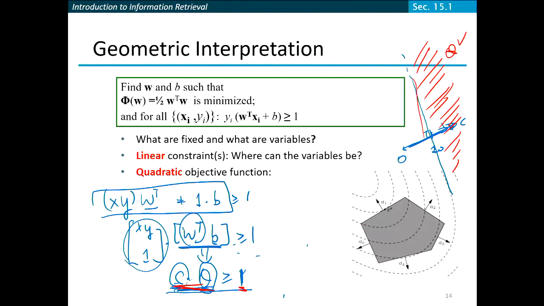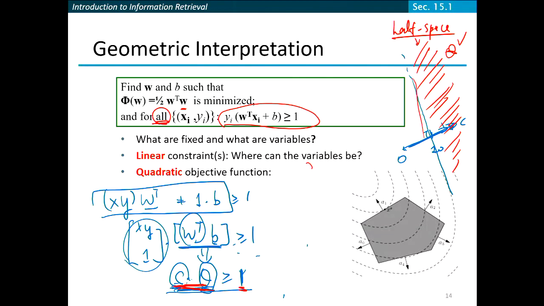This is just to give you some geometric interpretation: each constraint essentially cuts off a linear half space. The feasible W, and essentially the new variable theta as well, should stay on one half plane, and you need to satisfy all such constraints.